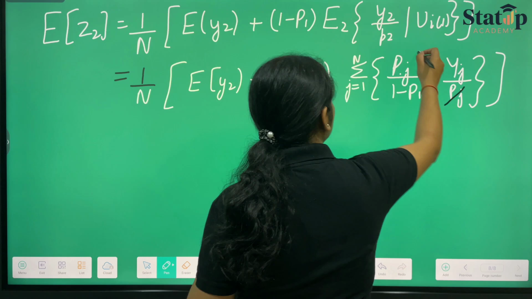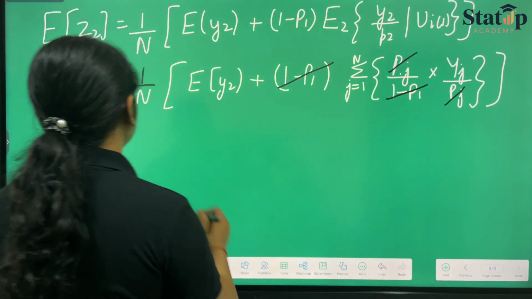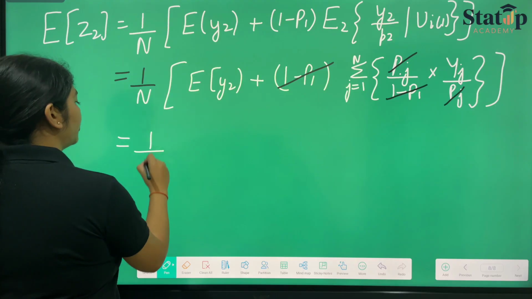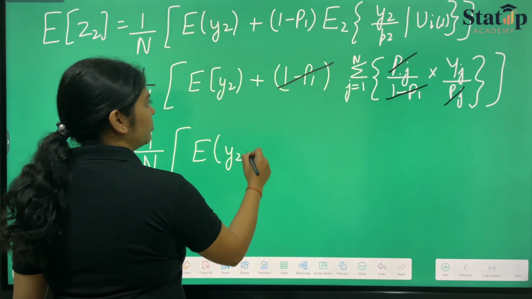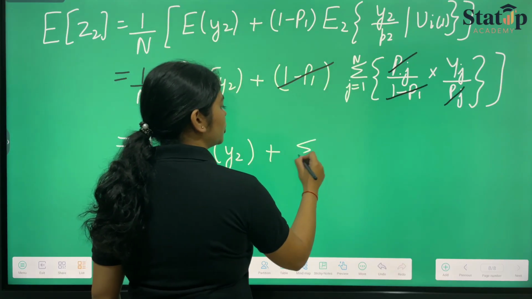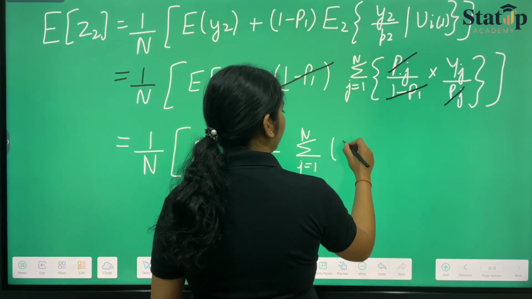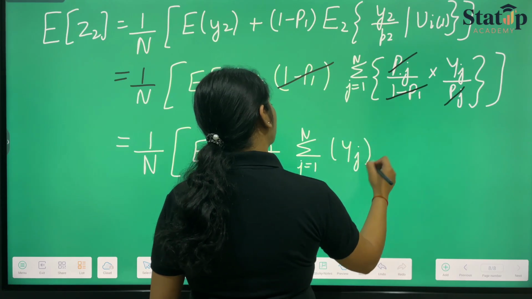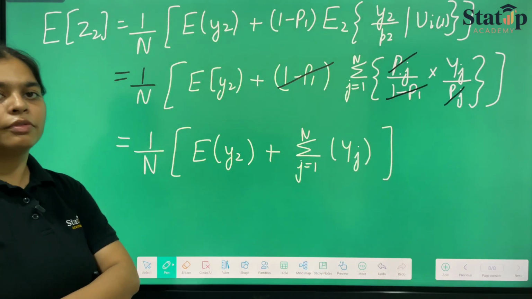So this pj and this pj will get cancelled, and this 1 minus p1 and this 1 minus p1 will get cancelled, and we are left with 1 upon n expectation of y2 plus summation of yj. Now this summation excludes the first unit.